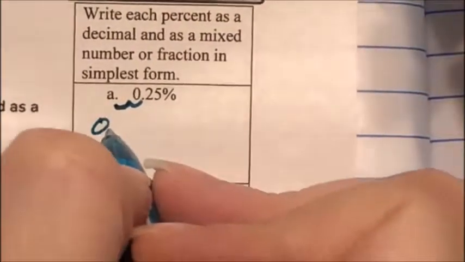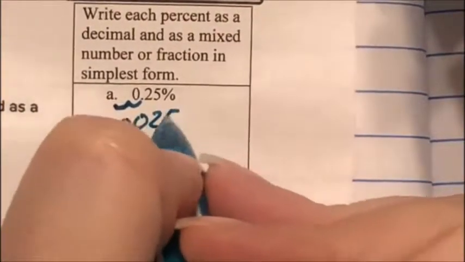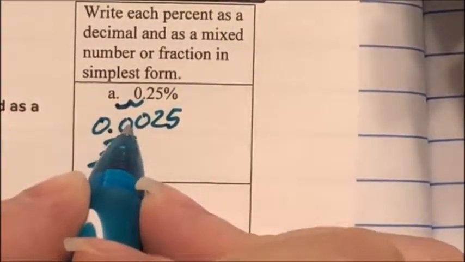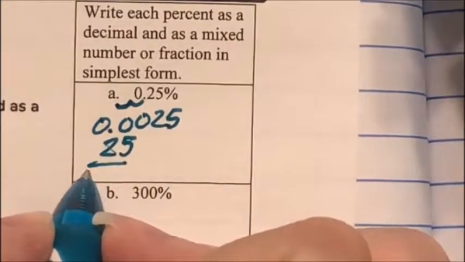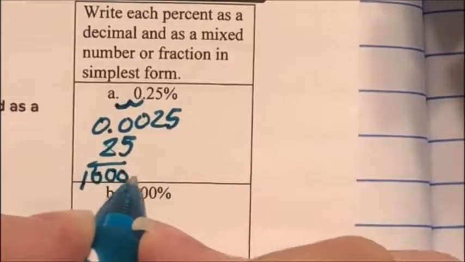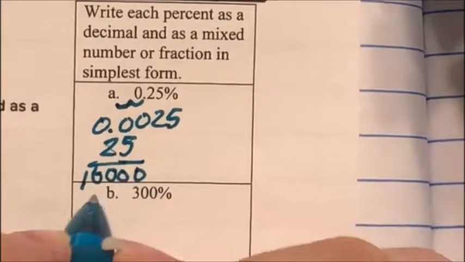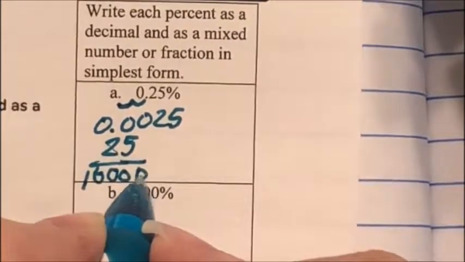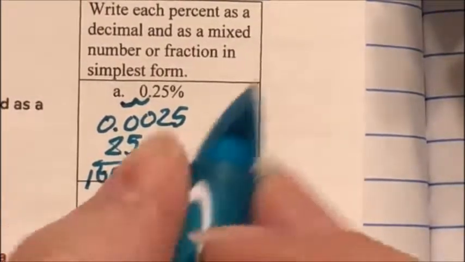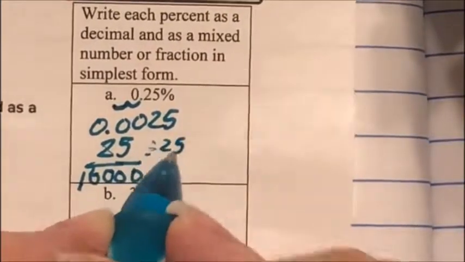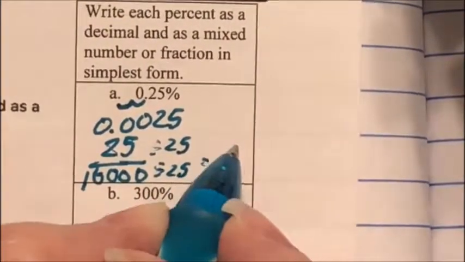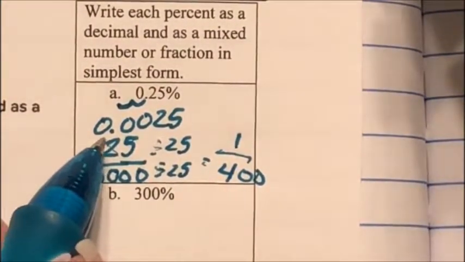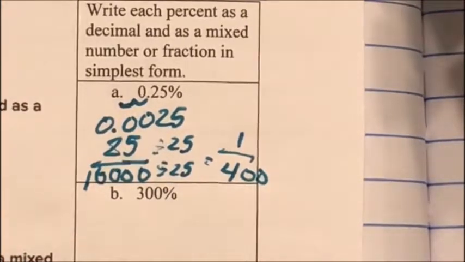So that becomes 0.0025. This is the same as saying 25 over 1, 2, 3, 4, the 10,000ths place. Basically, there are 4 places behind the decimal, so I need to have 4 zeros. I can divide both of these by 25. So this equals 1 over 400. So 0.0025 and 1 over 400.